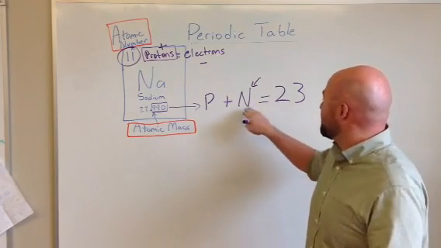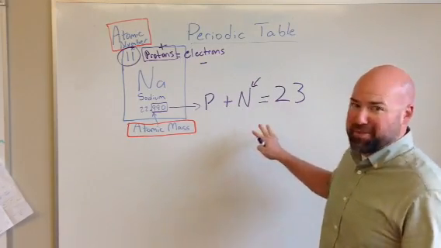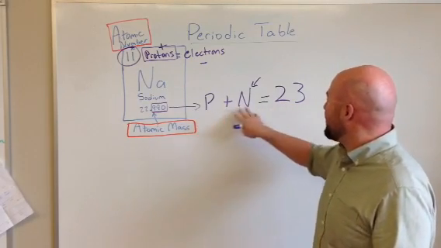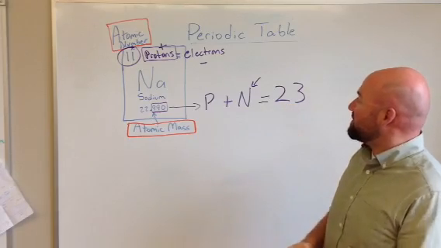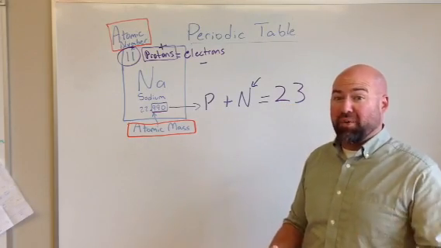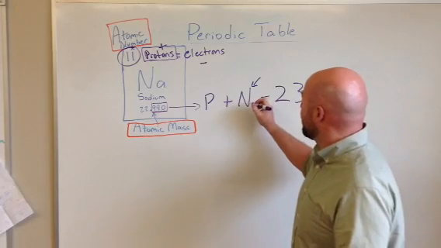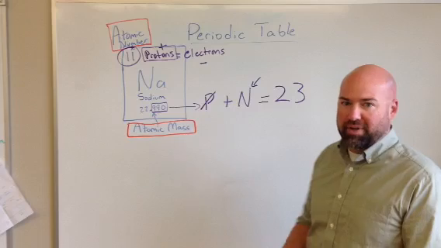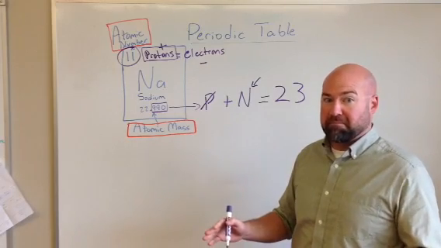So here we have 23 protons plus neutrons. Sorry, excuse me. Now, we know this is an addition problem here to get this. What we can do is all we have to do is subtract protons from this, and we are left with the neutrons that are left over. Make sense?